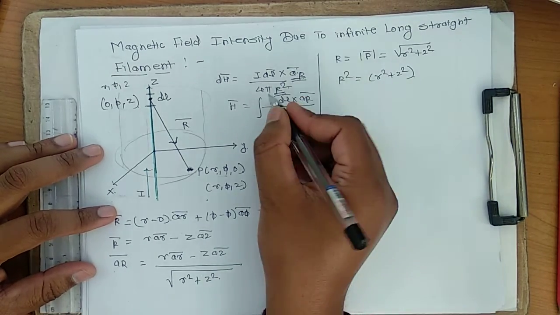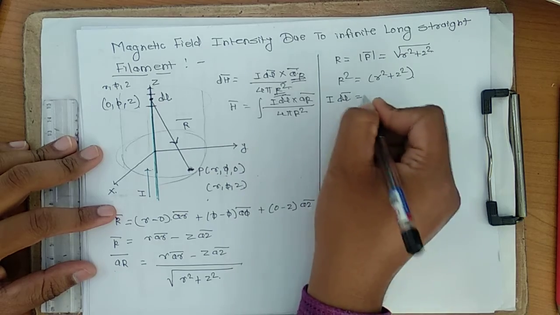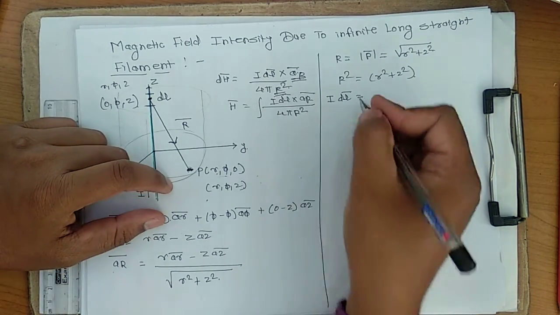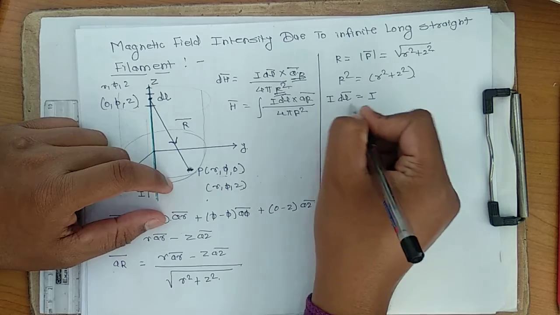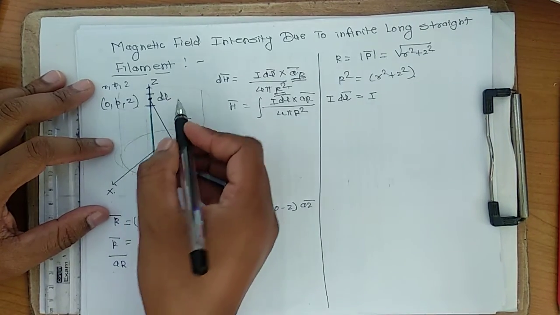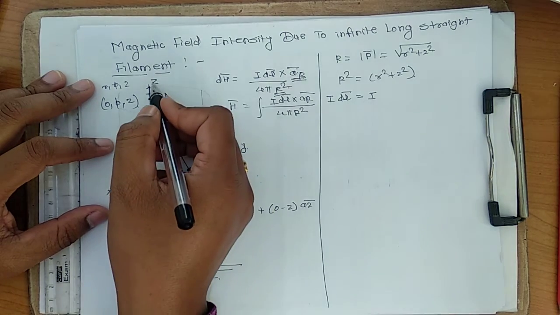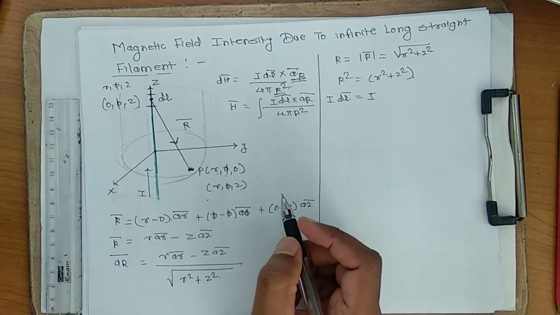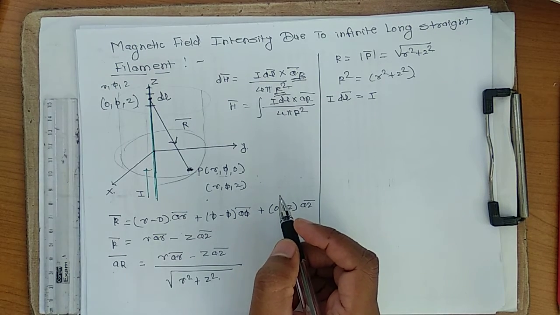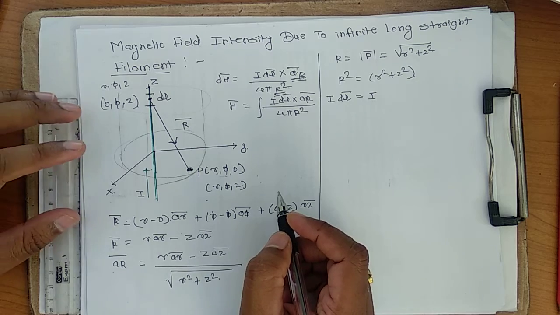Now what remains is I dl bar. You have to calculate I dl bar. We have I as it is. But what about dl bar? The current is moving in the direction of a z. We should calculate in the form of a x, y, z or r, phi, z, because we are using the cylindrical coordinate system.